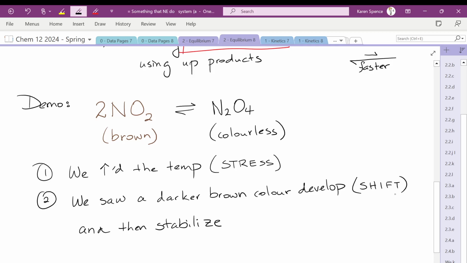And what about when it stabilized? This is an old word. We are now at a new equilibrium, with a different position, okay? In this case, it would be a new equilibrium that lies more to the left.